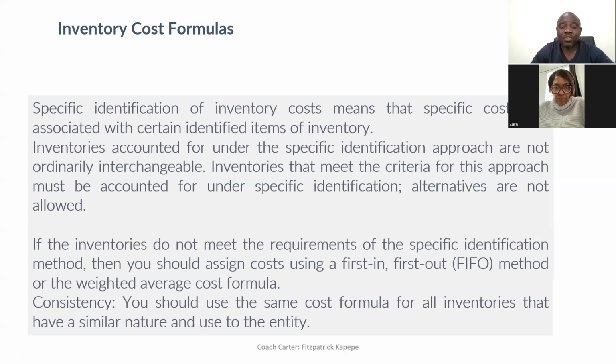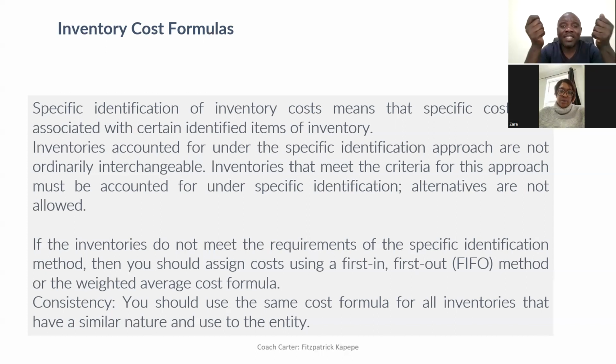So you don't want to start looking at the weighted average, FIFO, LIFO, and the like, because these costs are direct. You are able to identify them to specific areas, so it becomes easier for you to actually cost that product.